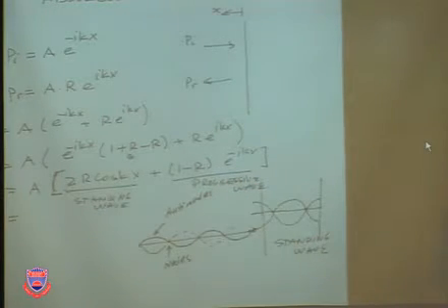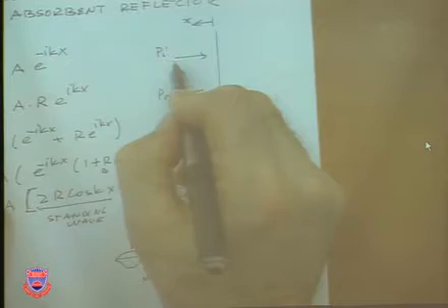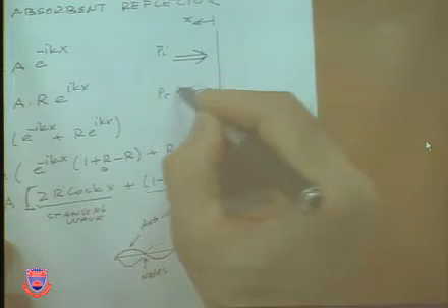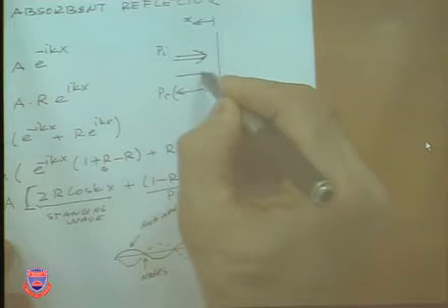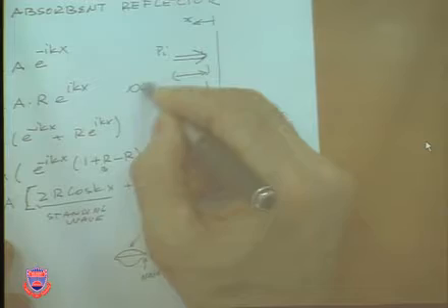What does this mean physically? When it continues to go in, exactly. What we're looking at here is this. A portion of this is reflected, equal to part of that, and together they form a standing wave.